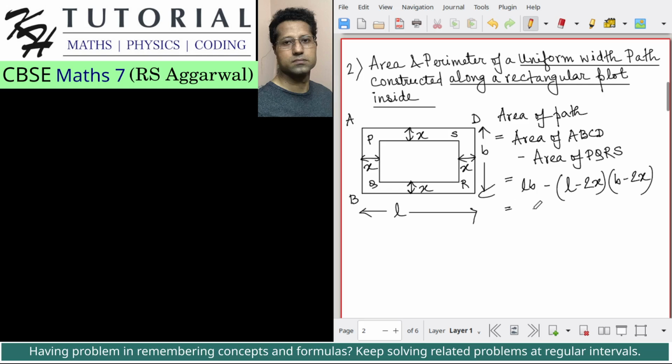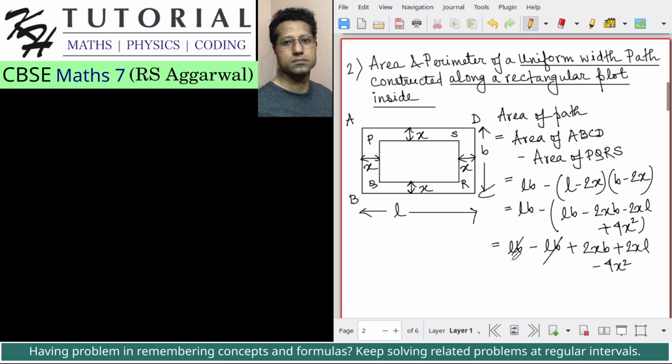Now if we simplify this, it is LB minus the product of L minus 2x and B minus 2x, which is LB minus 2xB minus 2xL plus 4x square. This is equal to LB; if I open up the brackets, LB plus 2xB plus 2xL minus 4x square.